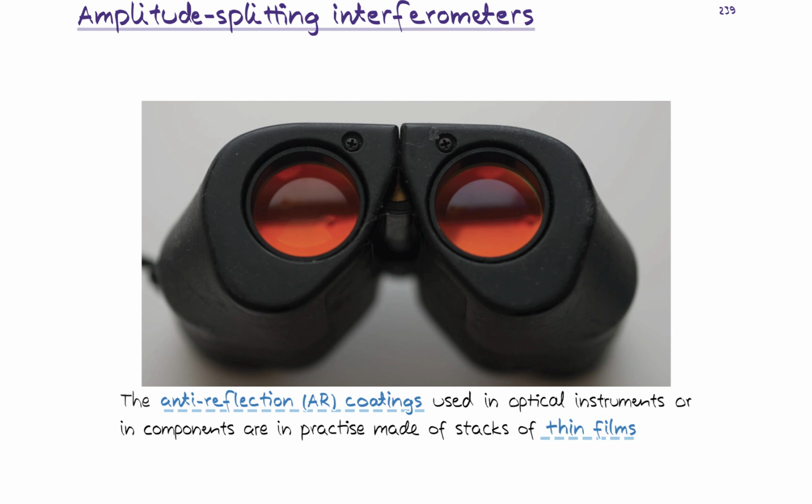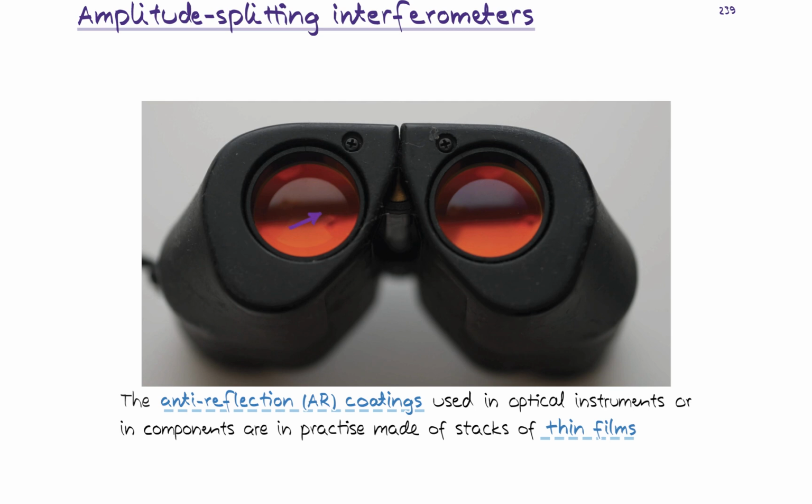And there, in these anti-reflection coatings, they are purposefully designed and made by using stacks of thin films. As you can see here, these binoculars have been optimized for visible white light, and when we are looking at the top view, we would be seeing as much light going through the binoculars.